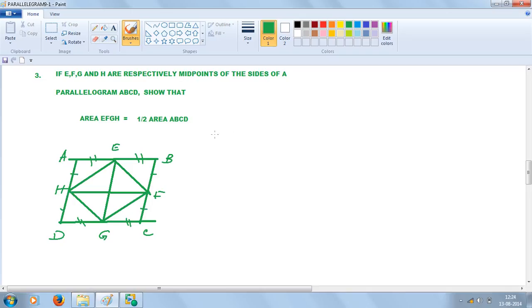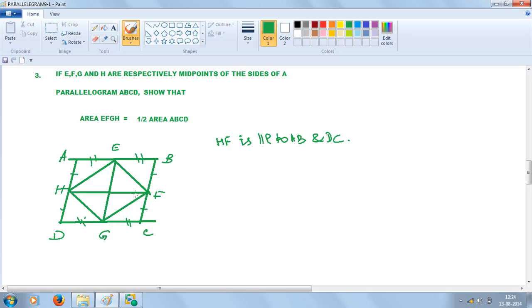Now, what we have to say is that HF is parallel to AB and DC. How? ABCD is a parallelogram and H and F are midpoints. So AH by HD is equal to BF by FC is equal to 1.